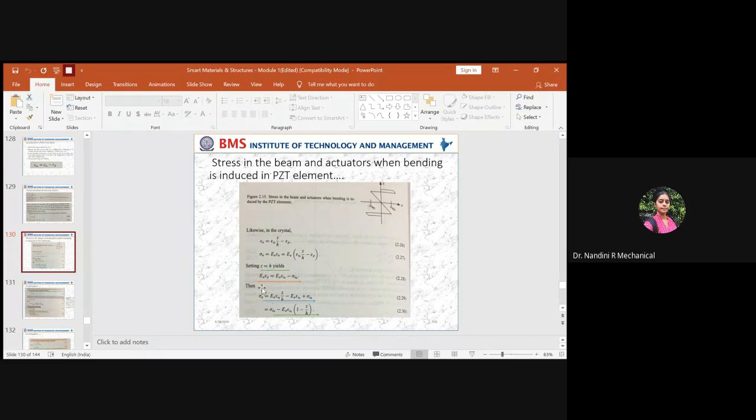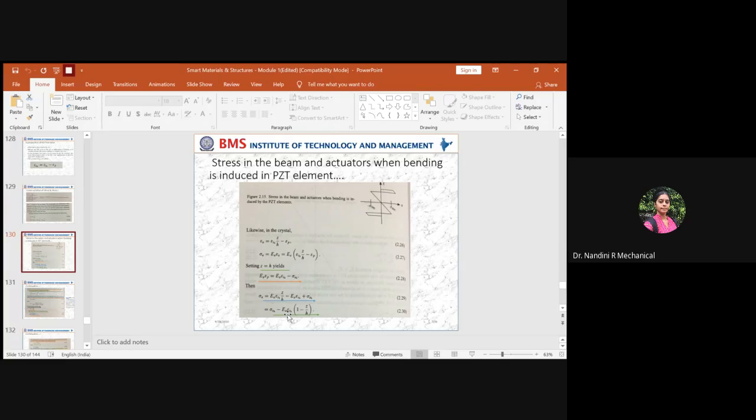So once you get the value for the free strain associated with elastic modulus, we substituted this value back to the equation and then we simplified such that now the stress of the actuator is in combination with the strain also. So you have the stress factor and you have the strain factor in a common equation. So this is how you have to club together the stress and the strain.